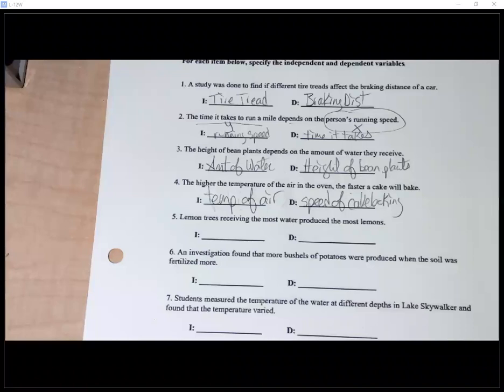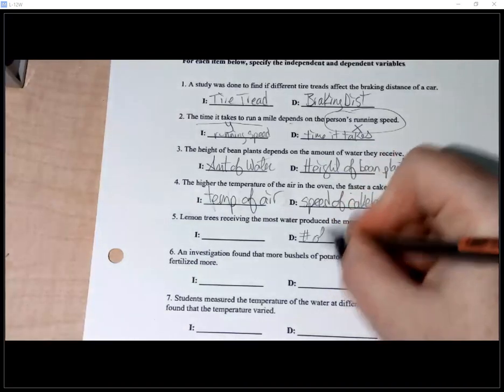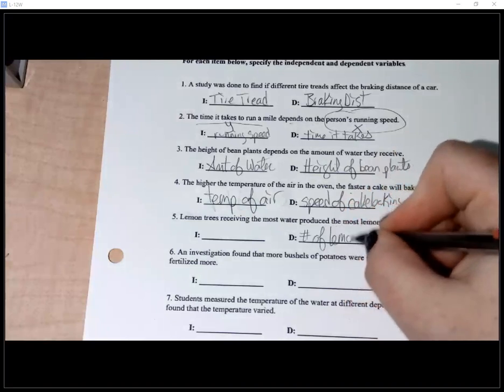You would never say the amount of water that the tree got depends on how many lemons it produced. It goes the other way, right? How many lemons it produces depends on how much water it got. So my dependent will be the number of lemons, which depends on the amount of water.